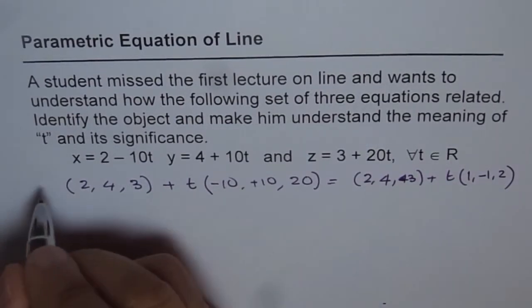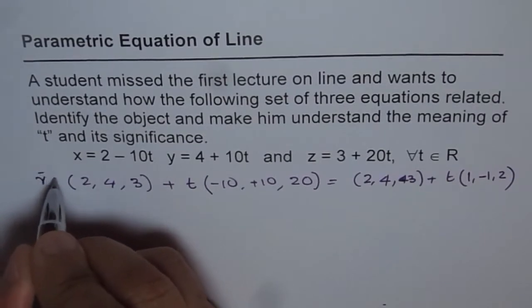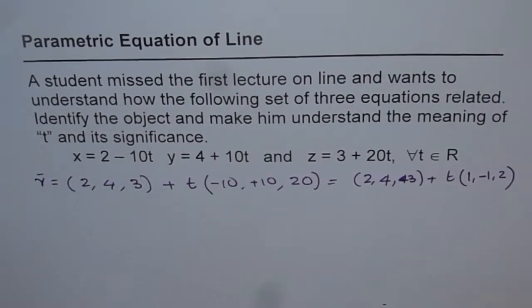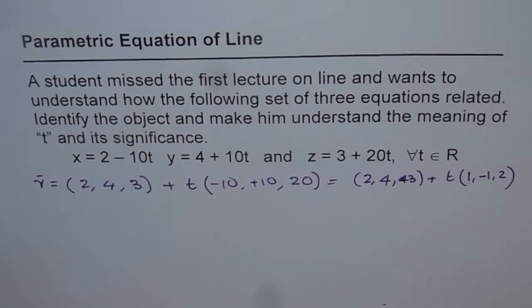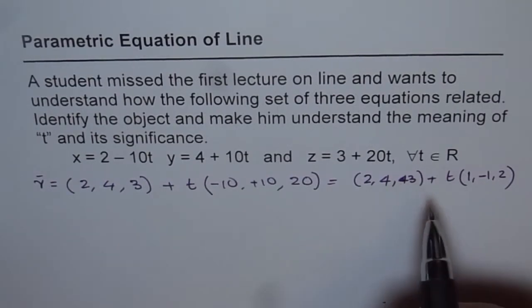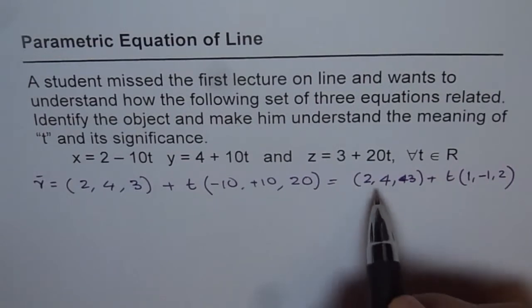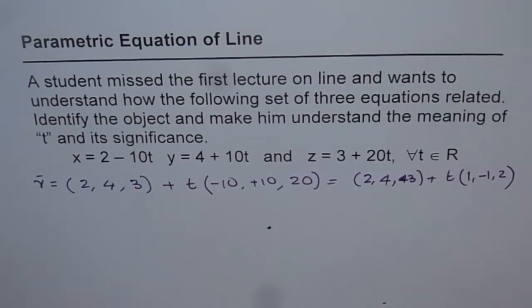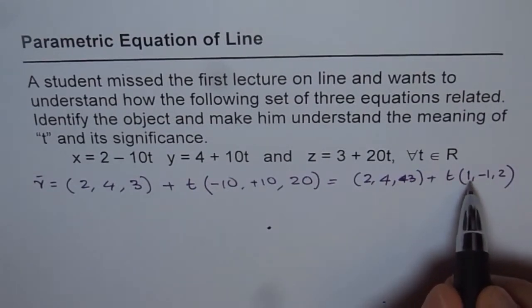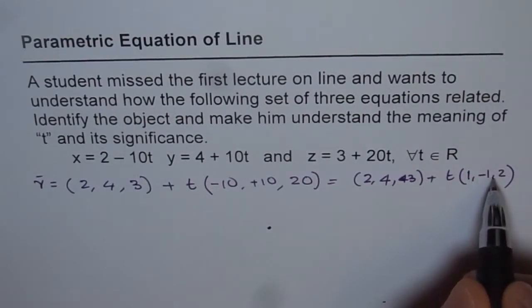Now that is the equation of the line we are talking about, and in R3 we can write this as r equals this. Now the beauty of this is that we just say this is the point 2, 4, 3, and the direction is 1, minus 1, 2.